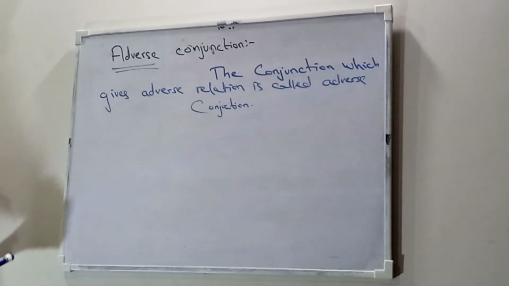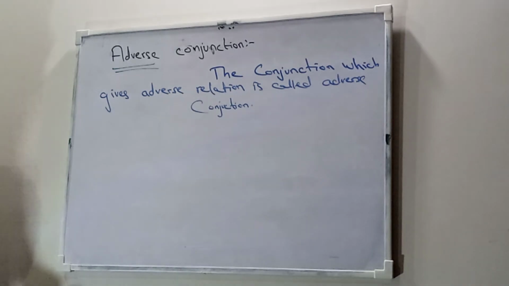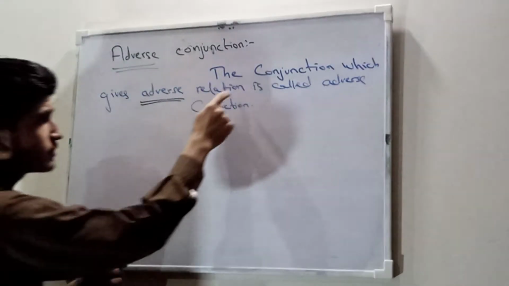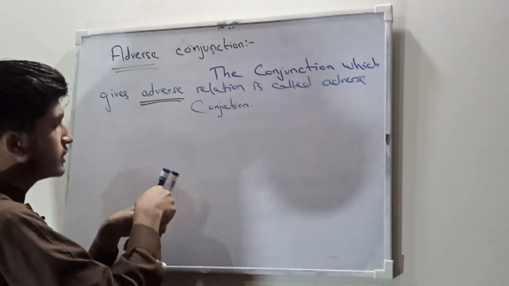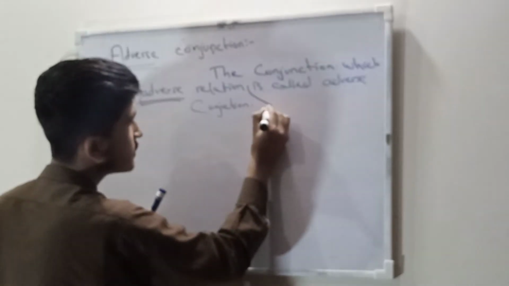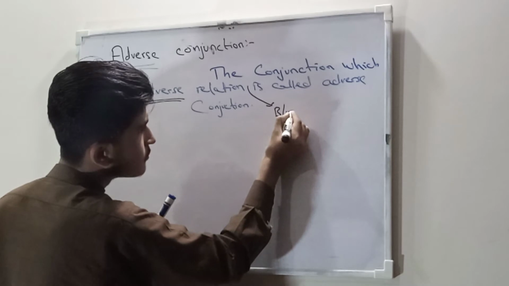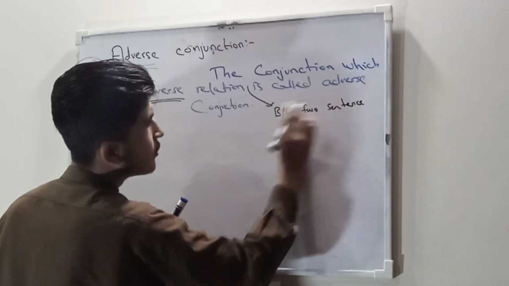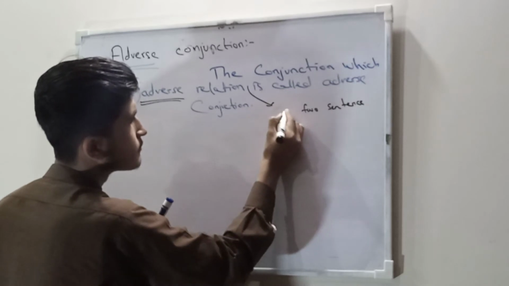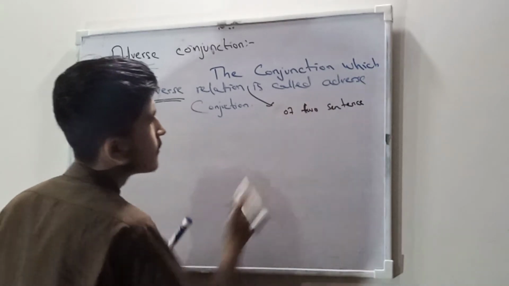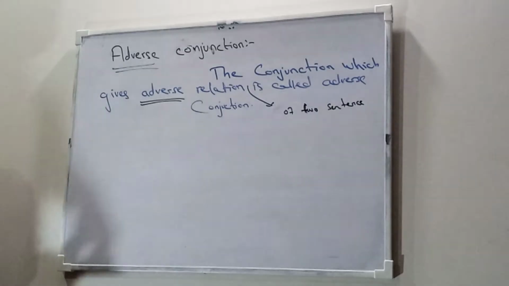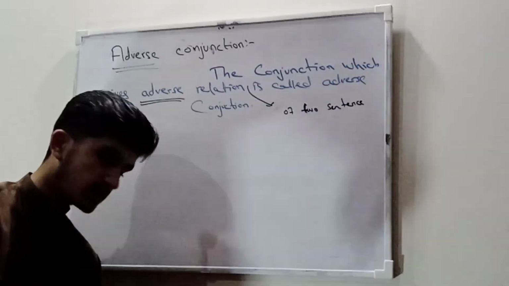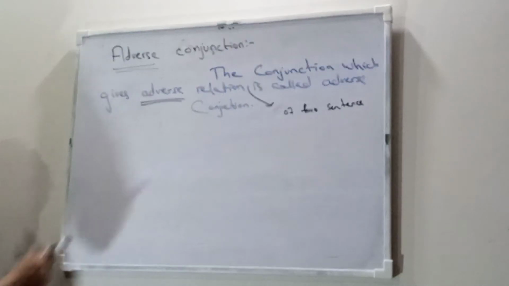You can also write adverse relation between two sentences, or of two sentences. The conjunction which gives adverse relation of two sentences is called adverse conjunction. You will understand it in an example.